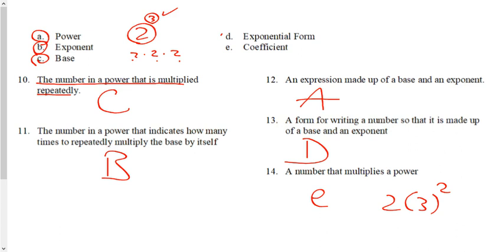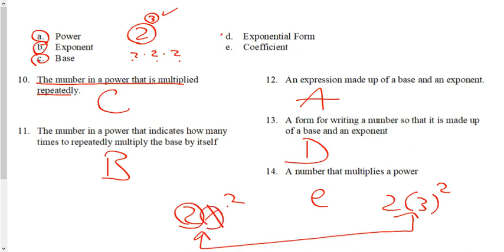If I had in algebra 2x squared, almost the exact same expression, except this time in the first one, I defined the base as 3. In the second one, I defined the base as x. Both are the same thing, but 2 is your coefficient, x is your variable, 2 is your exponent.